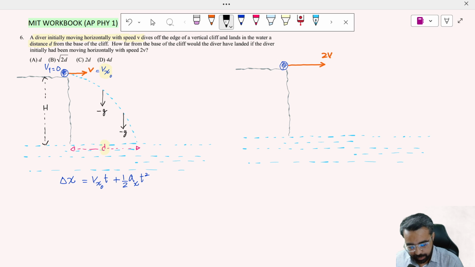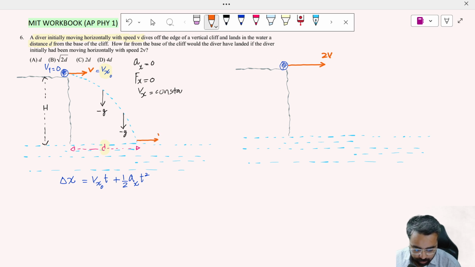We know there's no acceleration along the x-axis because we are ignoring air resistance, due to which the force along the x-axis is 0 and the velocity along the x-axis remains constant. Even just before hitting the water surface, it is still v along the horizontal. Let's put the values here. What is the displacement covered horizontally?